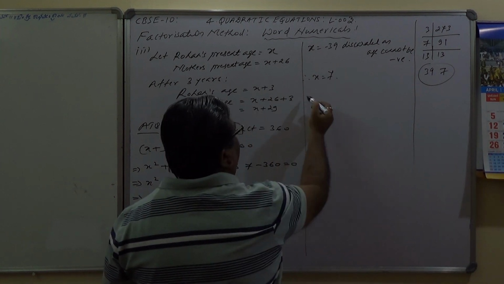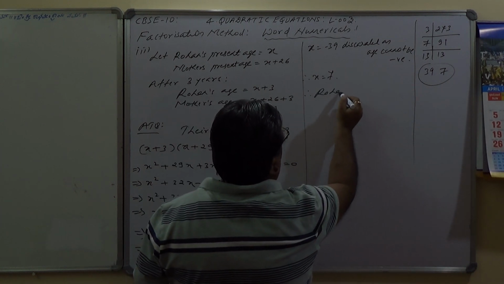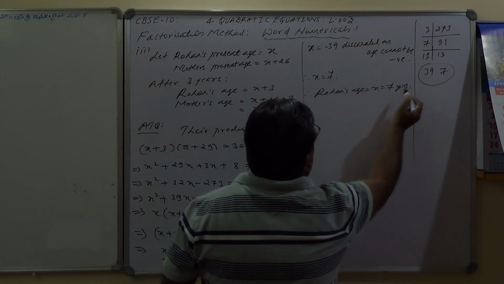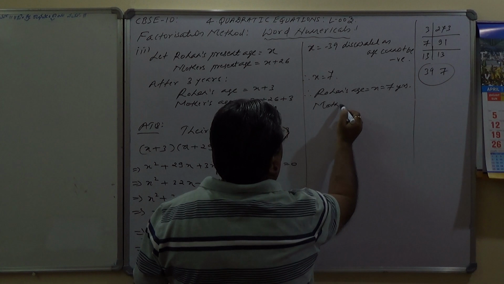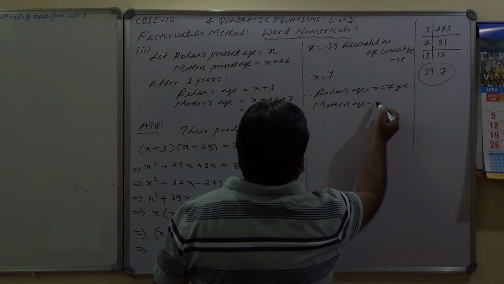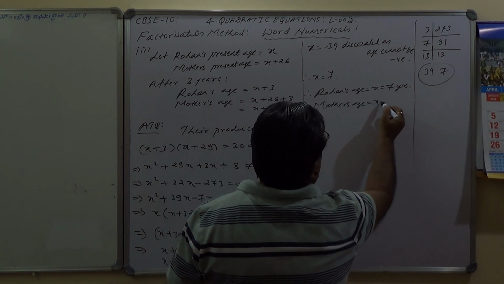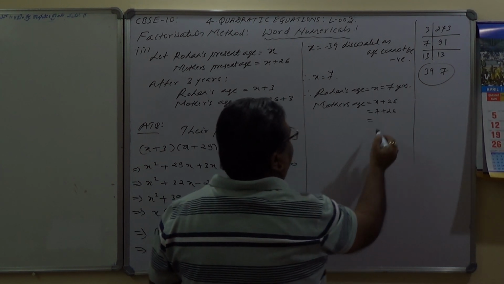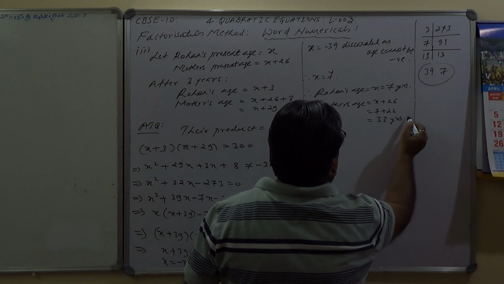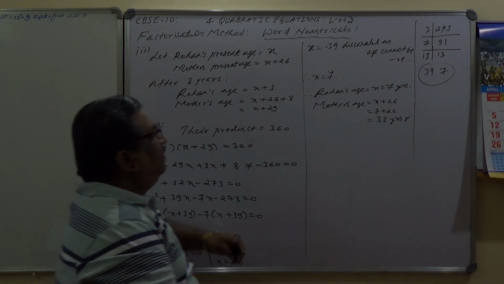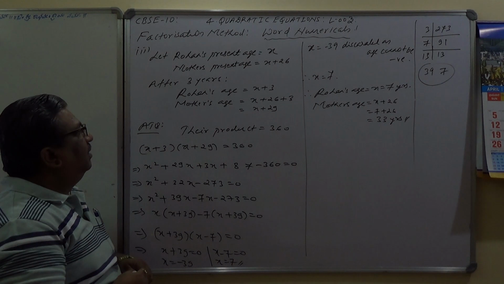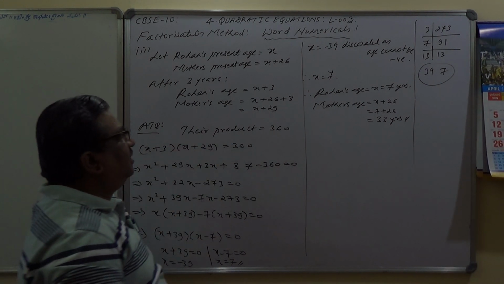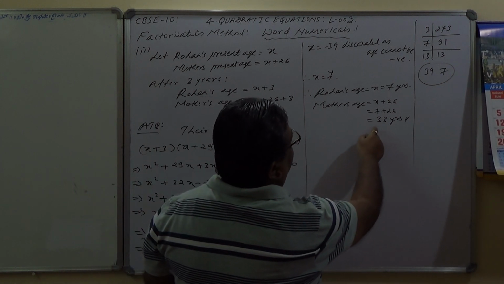Hence Rohan's age is x equals 7 years, and mother's age equals x plus 26, which equals 7 plus 26, which is 33 years. Check whether this is correct or not. How do you check this? Their product after 3 years should be 360, isn't it?